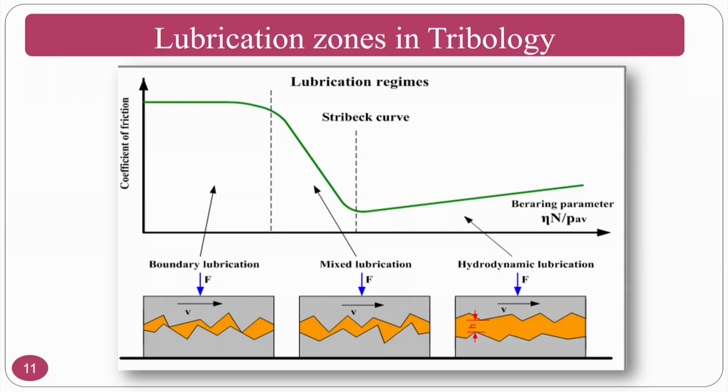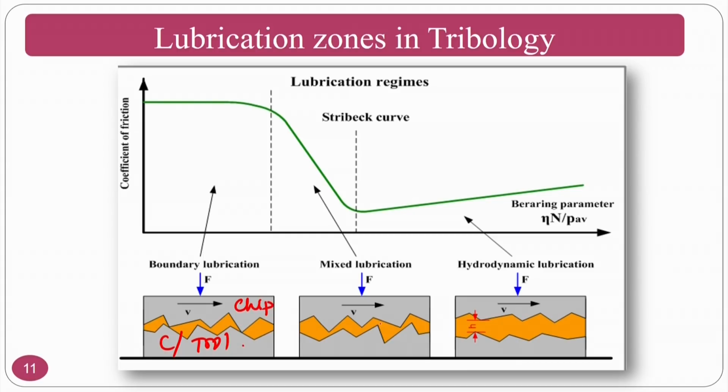Here you can see the same thing: how the coefficient of friction will vary. Boundary lubrication normally has a dominating effect of surface-to-surface contact. Assume this is the chip surface and this is the tool surface, the cutting tool basically. Because the chip is moving at a velocity, there is relative motion between the two surfaces, where the dominating contact is between chip and tool.